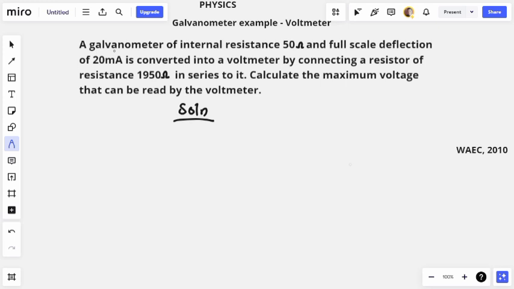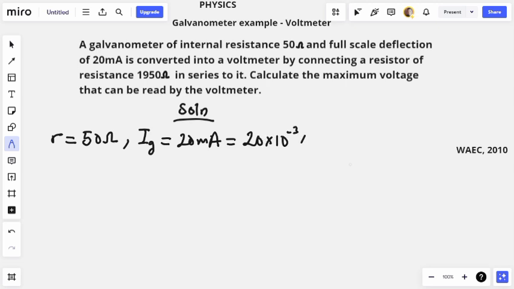So as usual, let's start listing out our parameters. Galvanometer with internal resistance r equals 50 ohms. What other parameter? Full scale deflection, that's the galvanometer current, I subscript G equals 20 milliamps, which in the standard unit would be 20 times 10 raised to the power minus 3 amps.